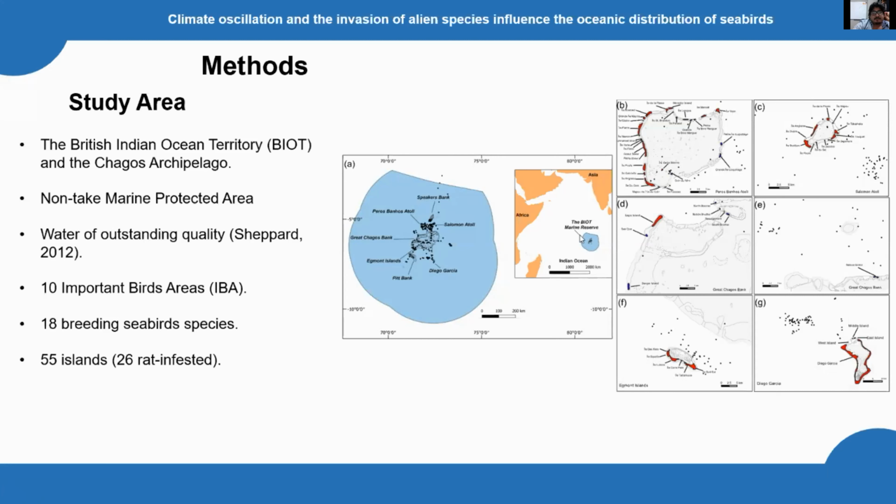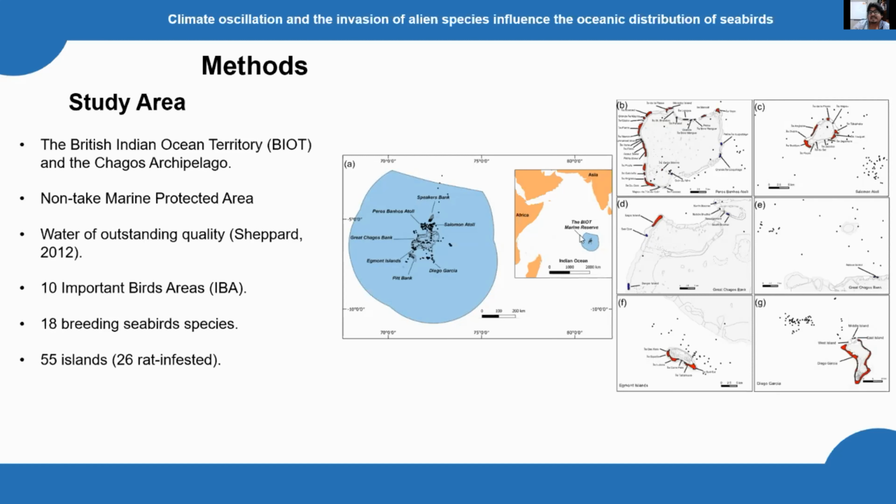there is a set of 55 islands where half of them are invaded and half of them are non-invaded. So we have a mixture of these effects that can be explored. Another important thing is that it is a really broad-range experiment, because it has been a no-take marine protected area since 2010, so there is no other variation of impacts at the moment.